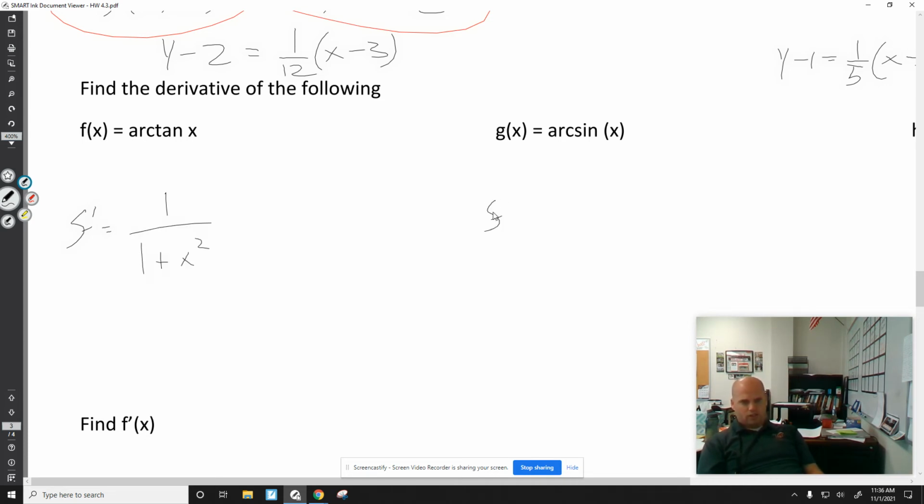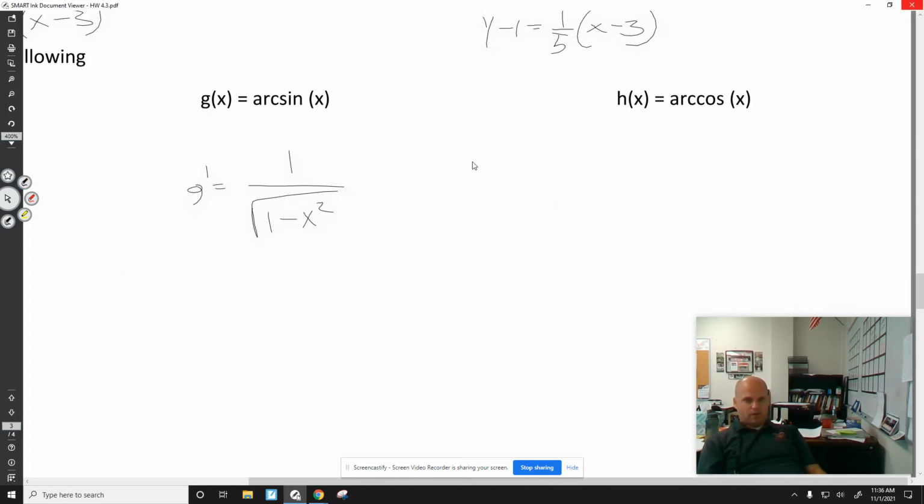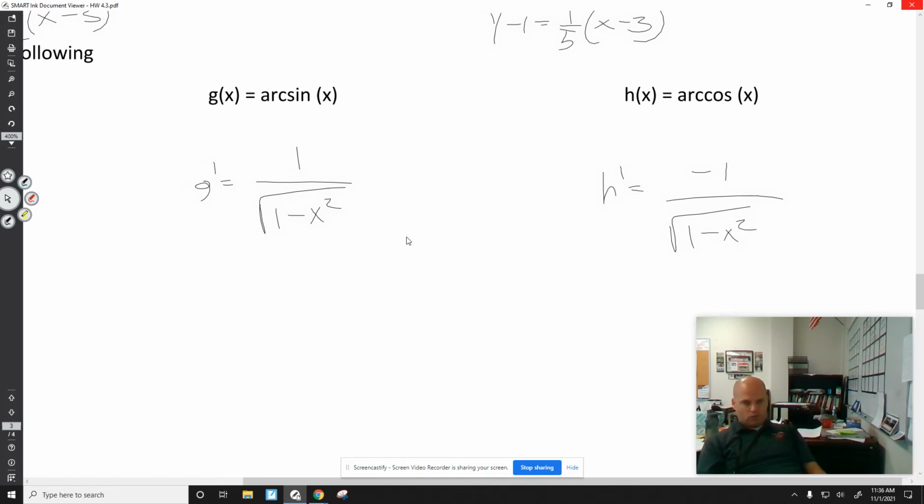Derivative of arcsine, 1 over root 1 minus x squared. The derivative of arccosine, negative 1 over root 1 minus x squared. Okay? I'll show you that in the future.